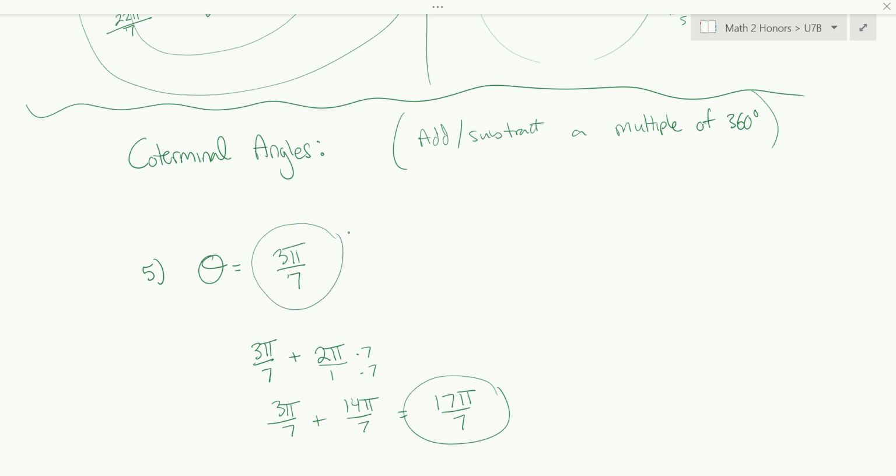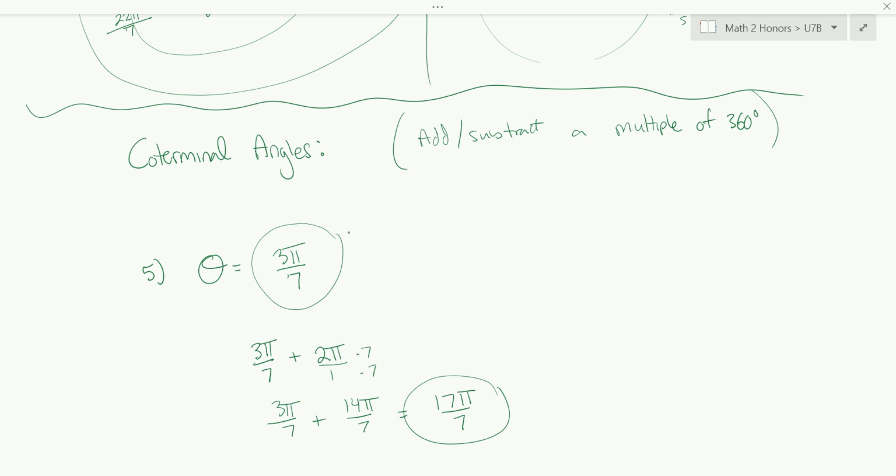What quadrant are they both in? Quadrant 1. Okay. It's easy to tell because if you picture 0, a half circle would be 7 pi over 7. Well, 3 pi over 7 is closer to 0, so we're in quadrant 1. And so is 17 pi over 7.